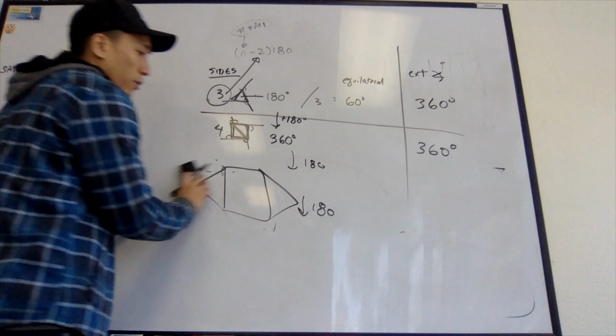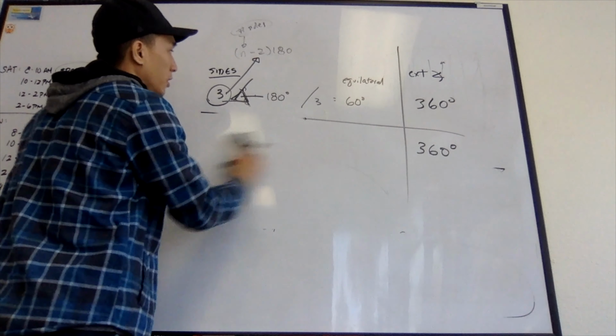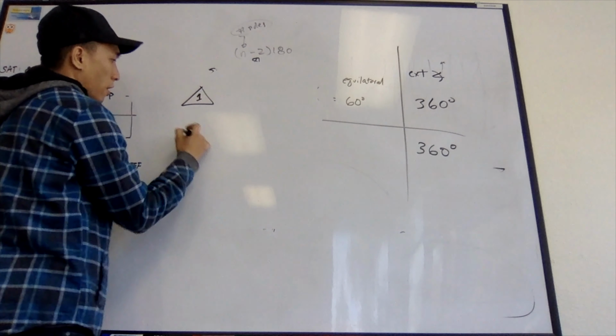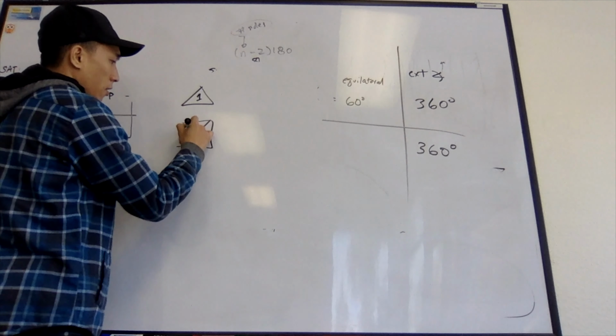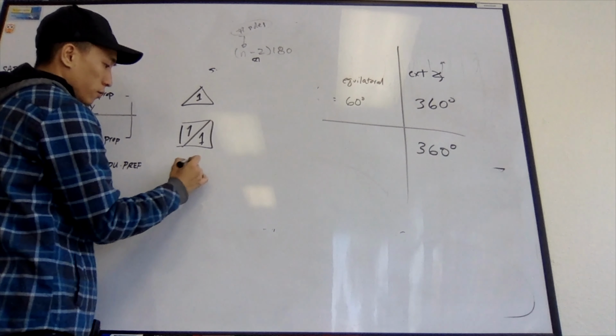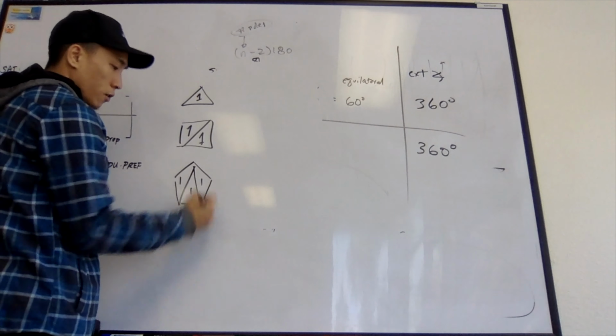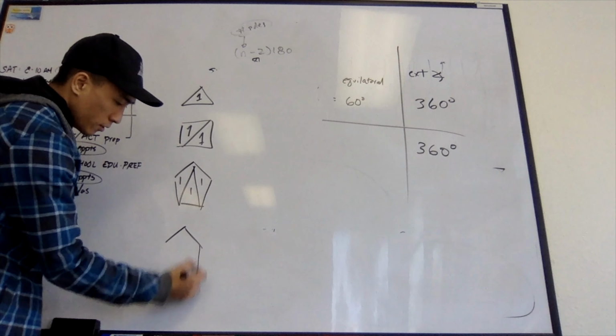Wait for this one, though. Here's how they actually show it in some of these other explanations. In this one, you got 1 triangle. Here you got 2 triangles. Here, you have 3 triangles.